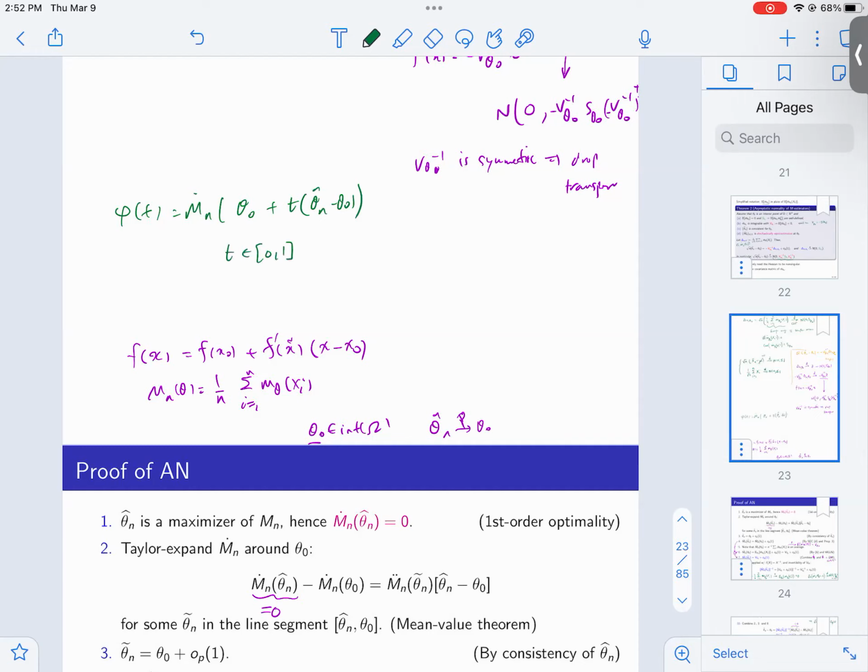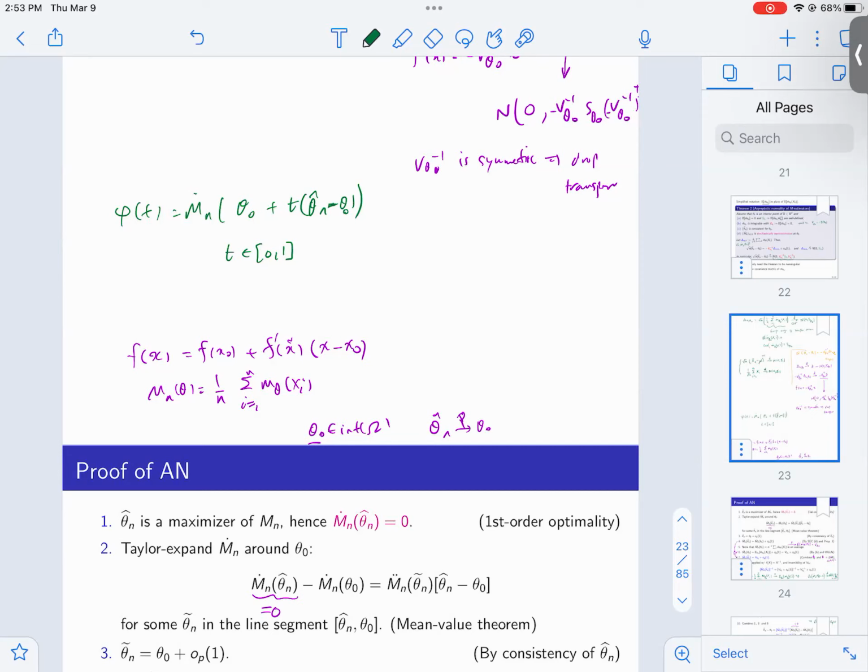At 0 it's going to be theta naught, at 1 it's going to be theta hat n, and it's univariate, so you can do the expansion, and then something like this follows. So you don't need to worry. A lot of these things you actually did in your homework problems as well: convexity, things like this in the multivariate case, reduced by this trick to the univariate case.